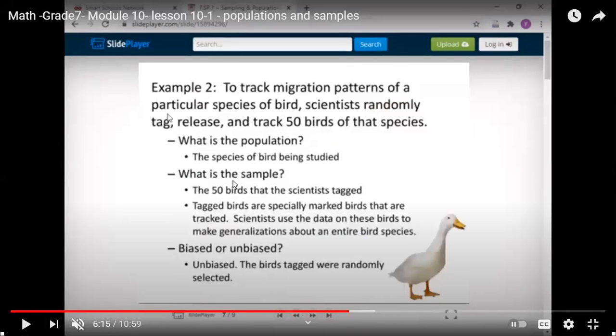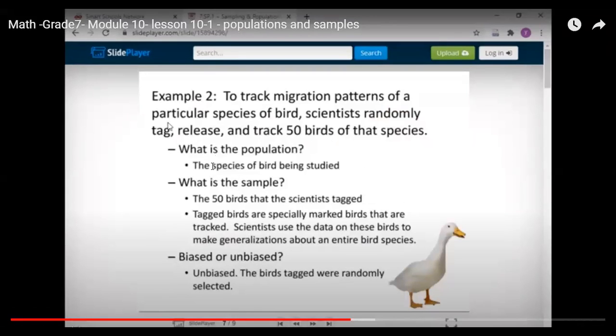Okay, this is another example. Who's going to read? Rahma, where are you? I'm here, Miss. Okay, honey, you can read? Yes. Go on, example 2. To track immigration patterns.